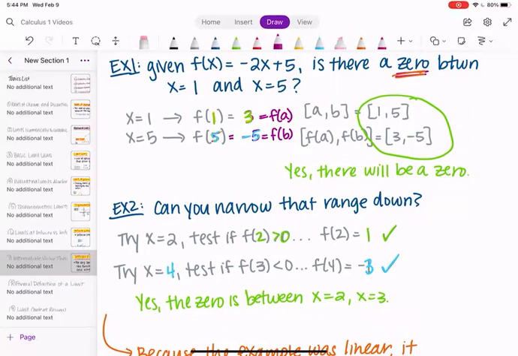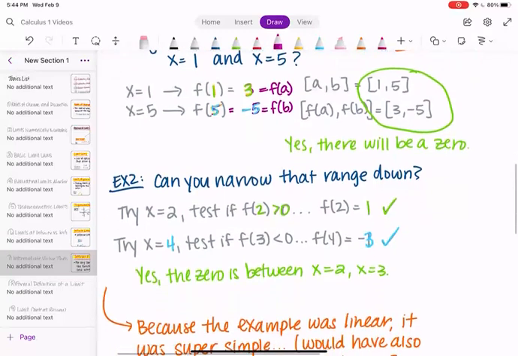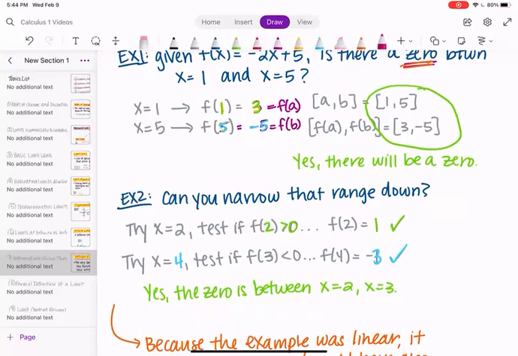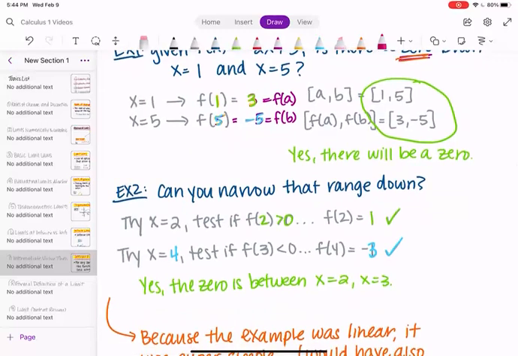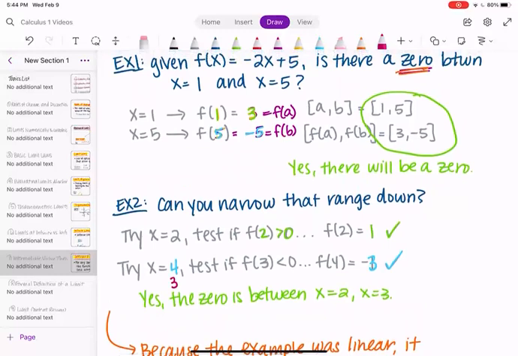Oh, I see what I did. I forgot to draw the next point. So if I were to test x equals 3, right? If I plug that in, -2 times 3 is -6 plus 5 is -1. So if I plug in f of 3, it's still less than 0, but that ends up being -1. So I guess that's a good demonstration, right?